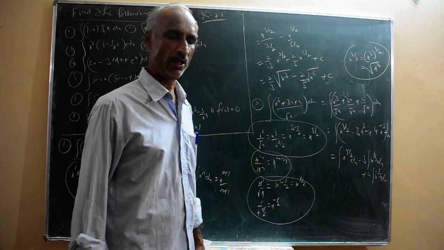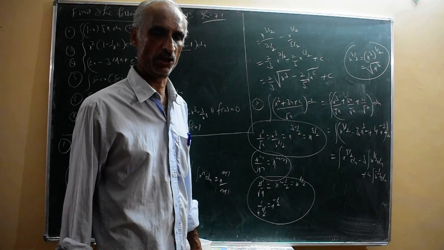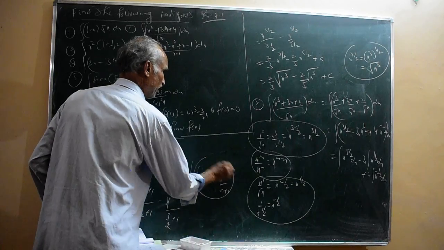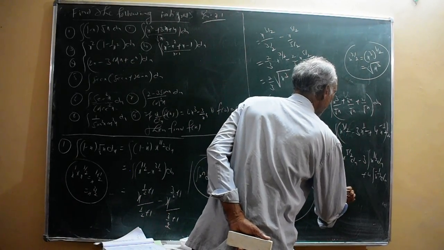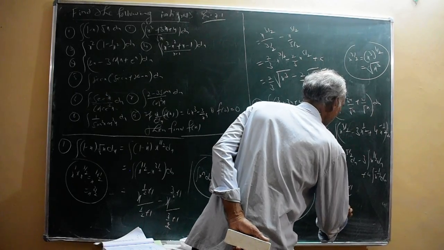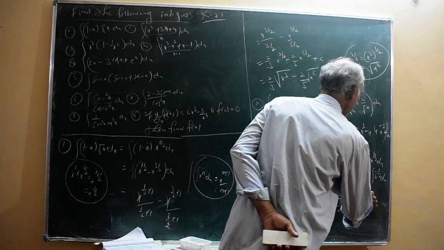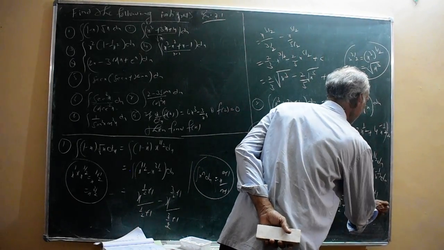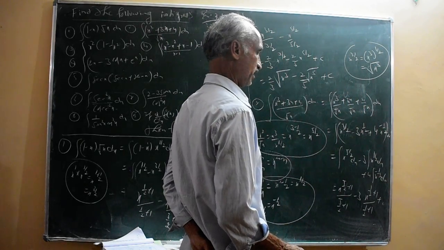Now x raised to 5 by 2 integration: x raised to 5 by 2 plus 1 upon 5 by 2 plus 1. Integration of x raised to n is x raised to n plus 1 upon n plus 1. That equals x raised to 5 by 2 plus 1 upon 5 by 2 plus 1, minus 3 into x raised to half plus 1 upon half plus 1, plus 4 into x raised to minus half plus 1 upon minus half plus 1.